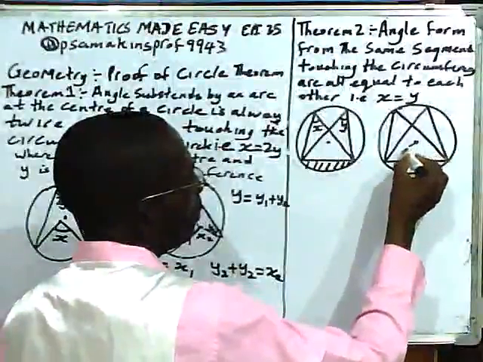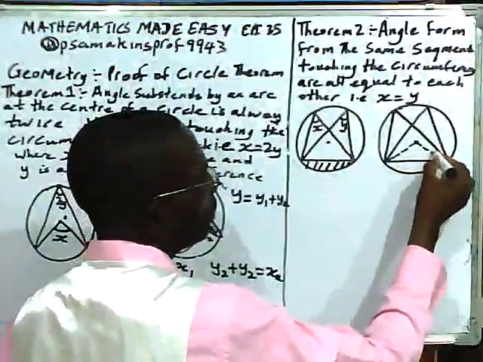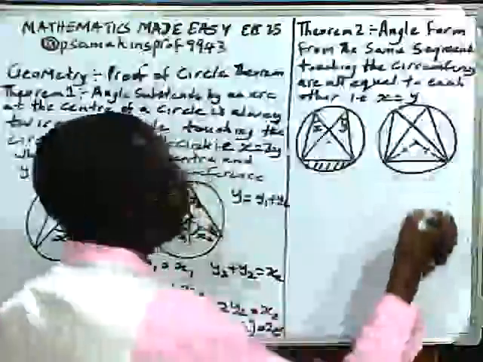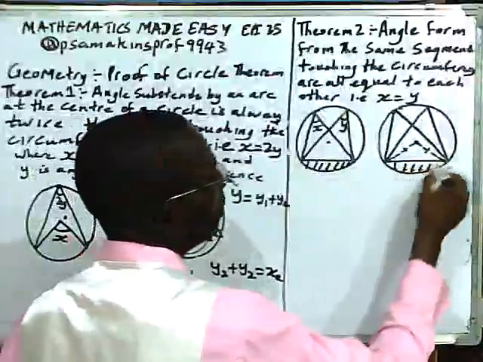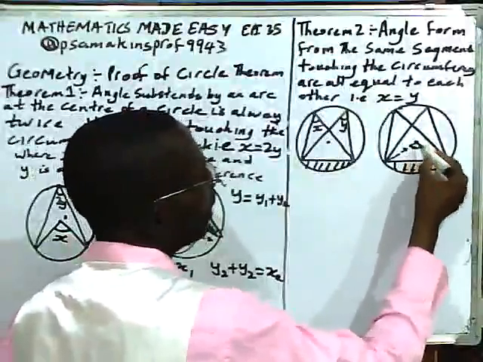From here, if we produce a line to this side and also produce a line to this side, these are radii. Quite alright. This is the segment. So since this is a radius, this will be the angle at the center.